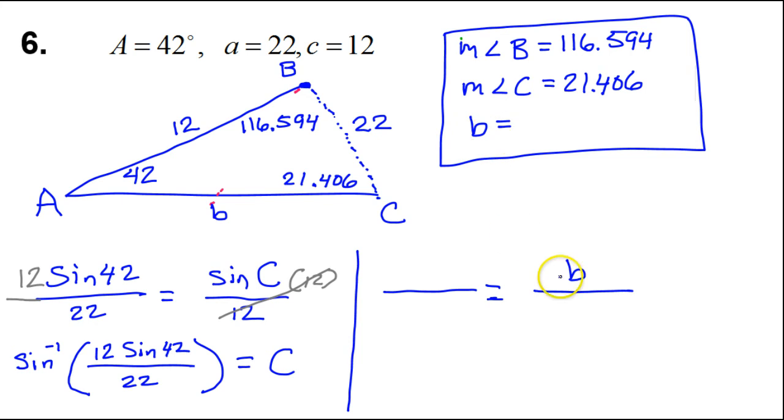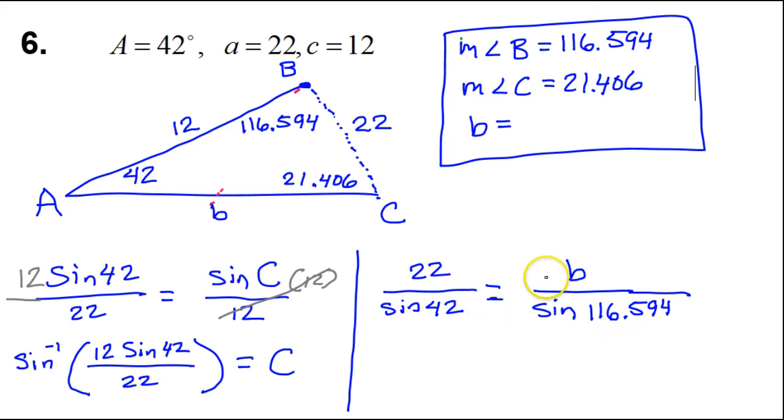Okay, so I'm looking for side B, so that's going to go in the top. And in the bottom, I'm going to put the sine of angle B, which is 116.594. And over here, I'm going to use the same pair that we've had from the beginning, but this time I'm going to put side A in the top and the sine of angle A in the bottom to match.